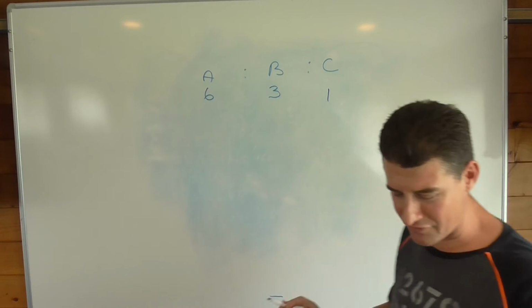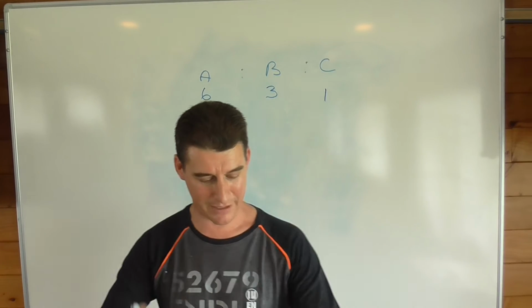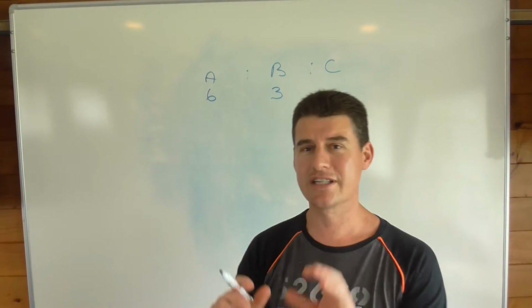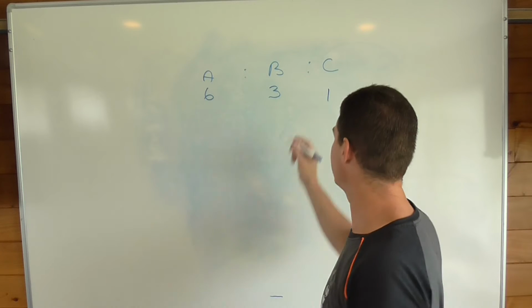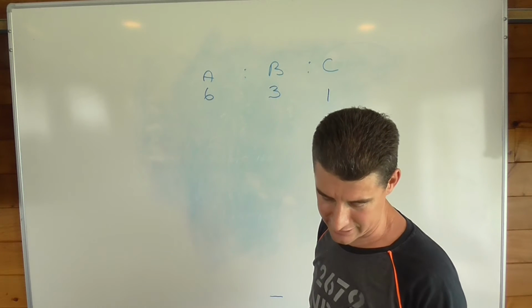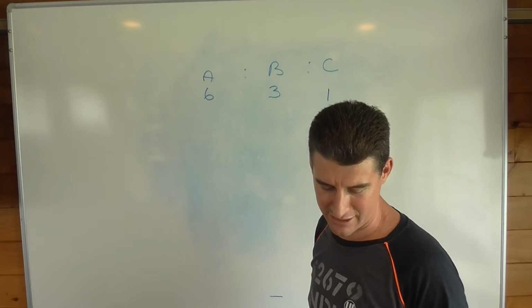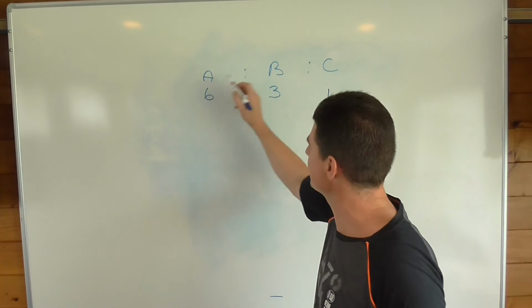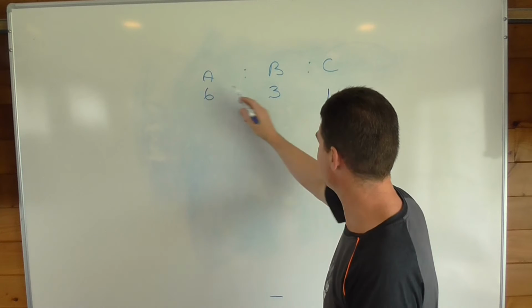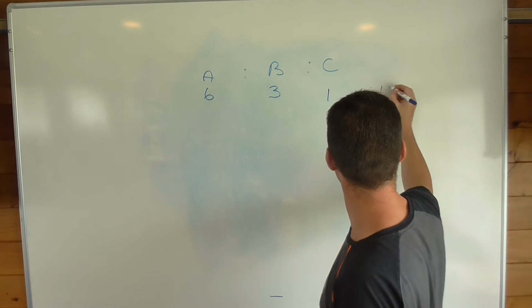So the first thing when you get a question like that, first just calculate your ratio. I know it can be tricky, but the best way to do it is first calculate who gets the least, make that 1, and then from the wording, B receives 3 times as much as C, and A receives twice as much as B. So now we've got it again. 6 plus 3 is 9, plus 1 is 10.